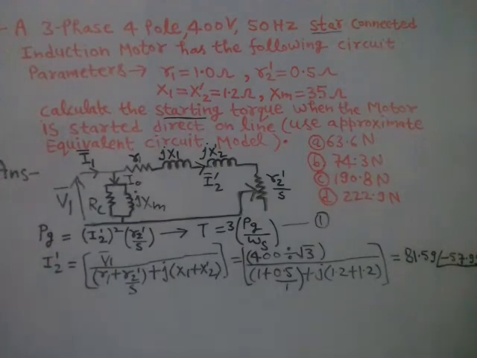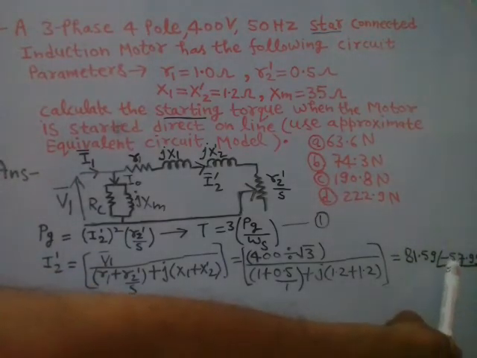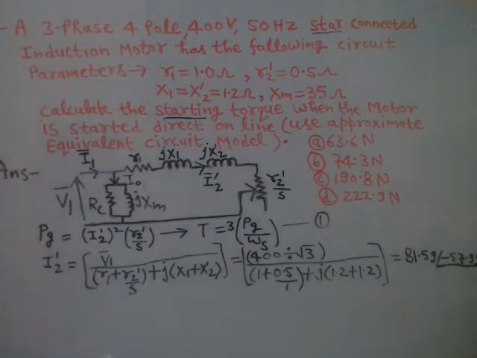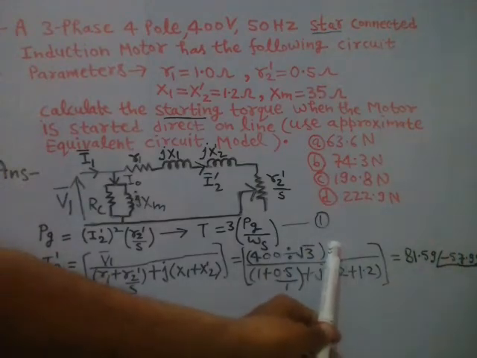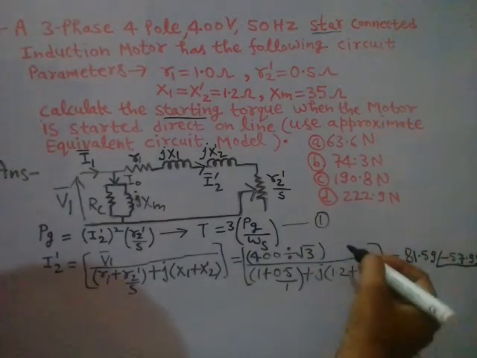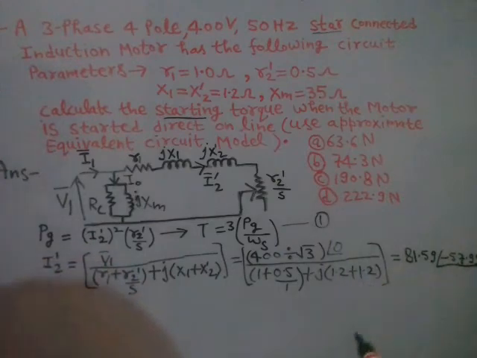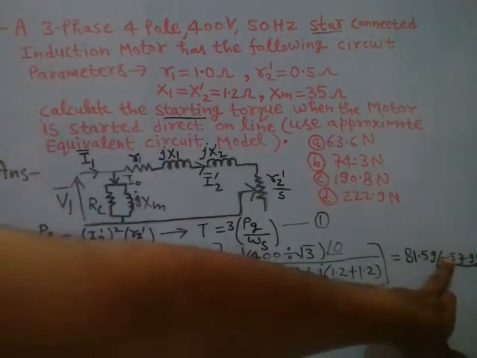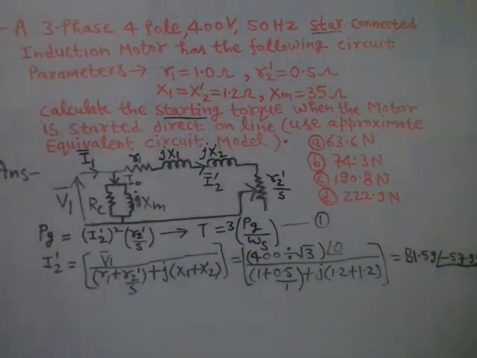So basically this is the lagging current, represented by this negative sign, right? You know that the angle of applied voltage is 0, because we have taken applied voltage as reference. So with this applied voltage, this current is lagging by 57.99 degrees, which is represented by this negative sign, that is basically a lagging current, right?